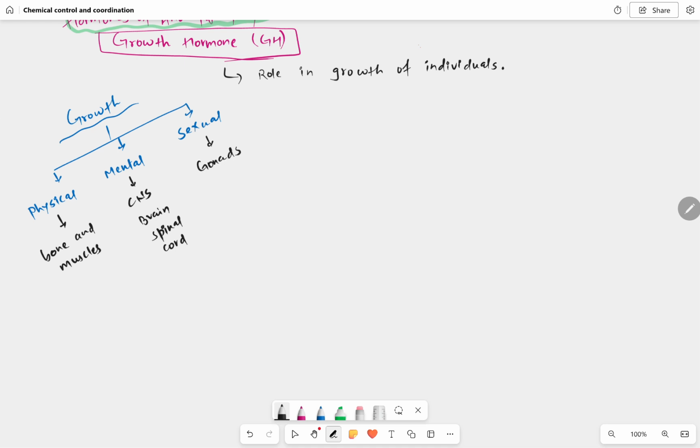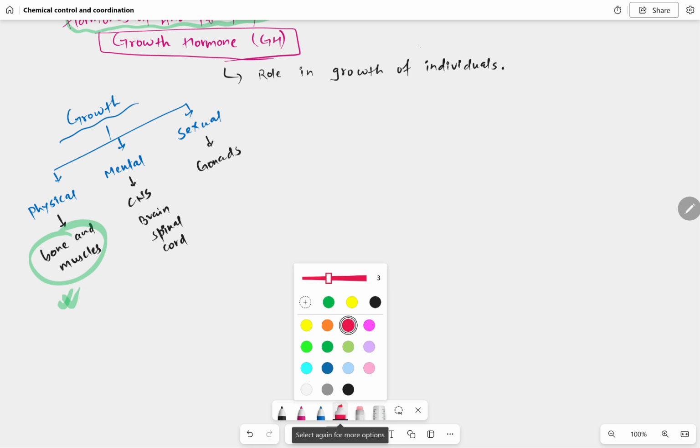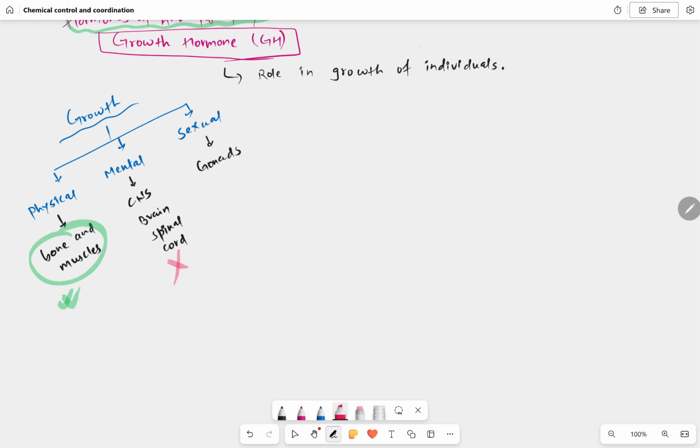For growth hormone, the physical growth is more frequently seen. That is, the physical growth of the individual is influenced by growth hormone directly. But mental growth is not affected that much.